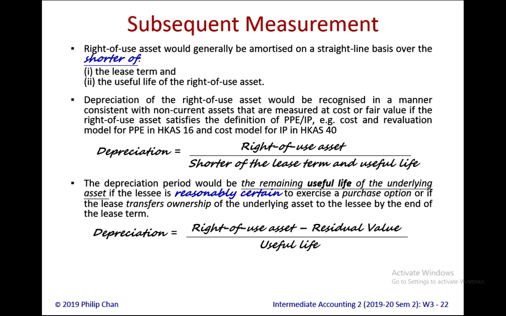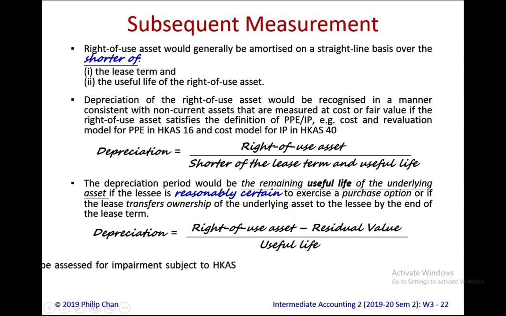So the lessee would use the asset for more than the lease term, and if ownership would be transferred to the lessee by the end of the lease term, that means the lessee can keep using the asset until the end of the useful life, and that is why we divide by the useful life. And the residual value has to be the residual value at the end of the useful life.